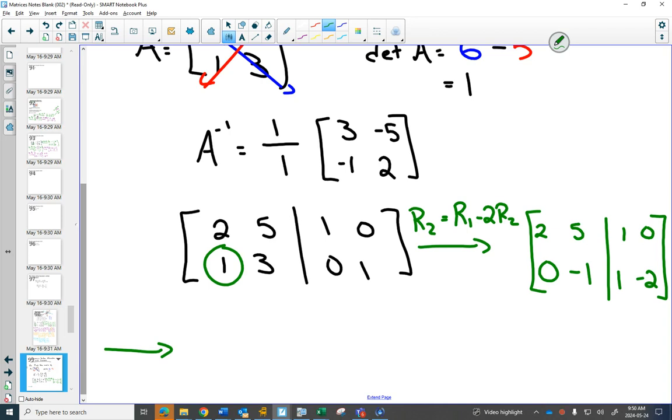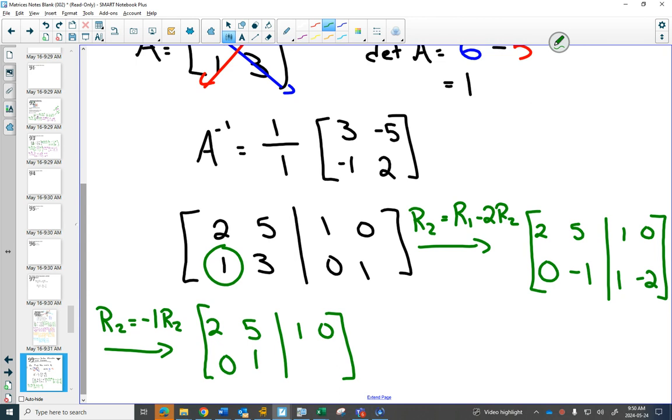Since I want this to be a positive 1, I'm going to change my row 2 to equal negative 1 row 2s. Just going to multiply row 2 by negative. Again, row 1 doesn't change. So we succeeded in getting that bottom corner to equal a 0. I've also succeeded in getting my bottom right corner to equal a positive 1.